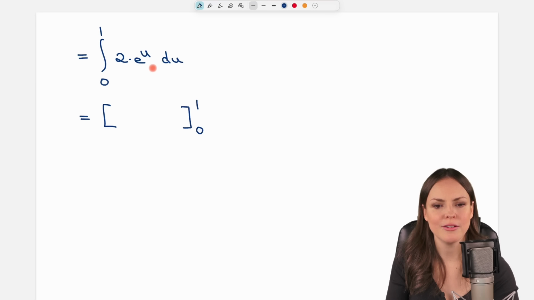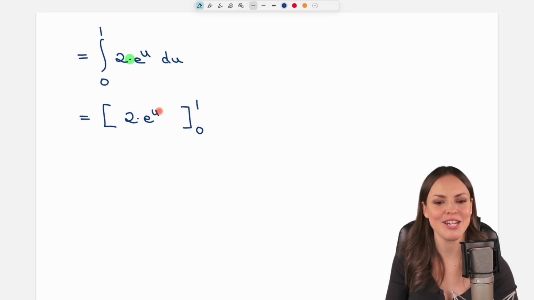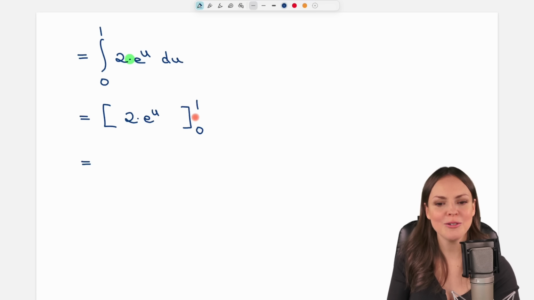But to find the antiderivative, we have 2 times, so the 2 times just stays the same. And e to the power of u also just stays the same. So we are lucky here, nothing changes. This is our antiderivative. And now, because we have limits, let's insert them. First, the 1.